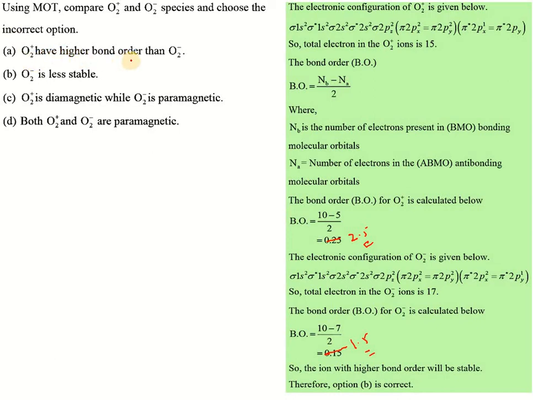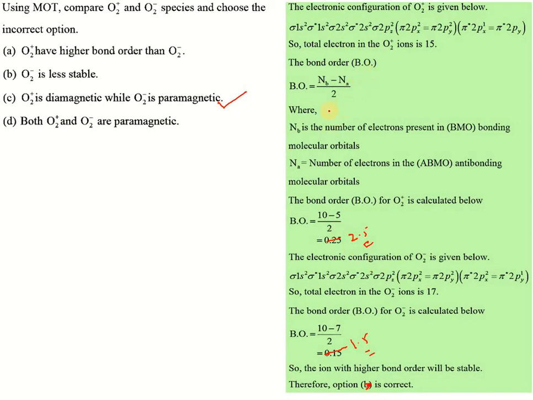See, O2+ has higher bond order than O2−, that is a correct statement. O2− is less stable is also right. Both O2+ and O2− are paramagnetic. After observing all these things, O2− is less stable is the right statement, and O2+ is diamagnetic while O2− is paramagnetic is the wrong statement.